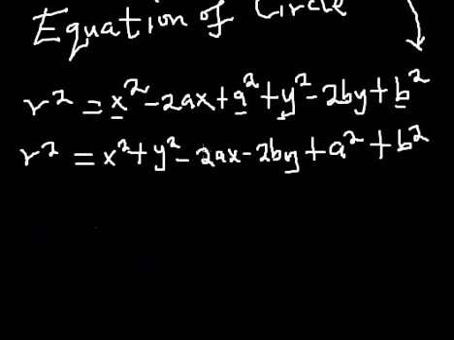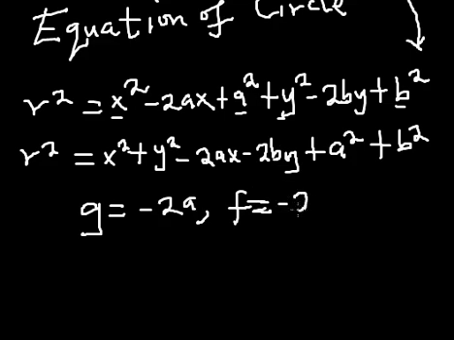Now, before we get to that, I'm going to let g represent the coefficient of x. Of course, the coefficient of x is minus 2a. Then I want to use f to represent the coefficient of y, which is going to give me minus 2by. Then of course the constant value; r also is a constant, it's a radius.